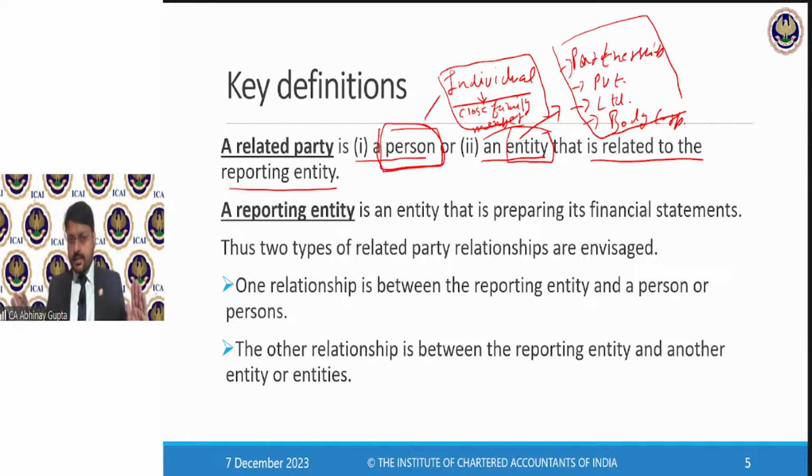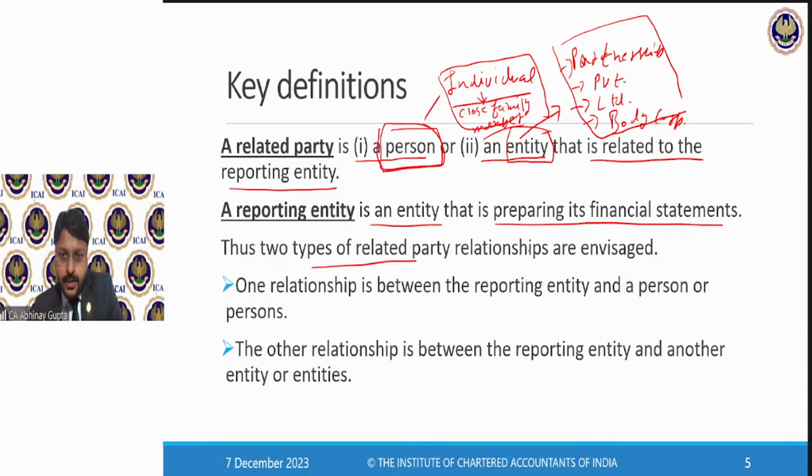Whenever I say reporting entity during the entire session, it means we are preparing the financial statements for this entity, and in Ind AS 24, we are going to apply it for this reporting entity, right? Reporting entity is also defined by the standard as an entity that is preparing financial statements.